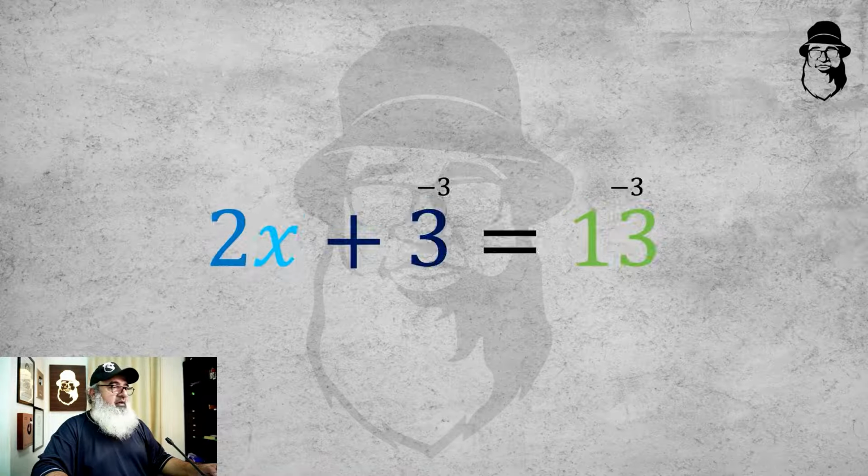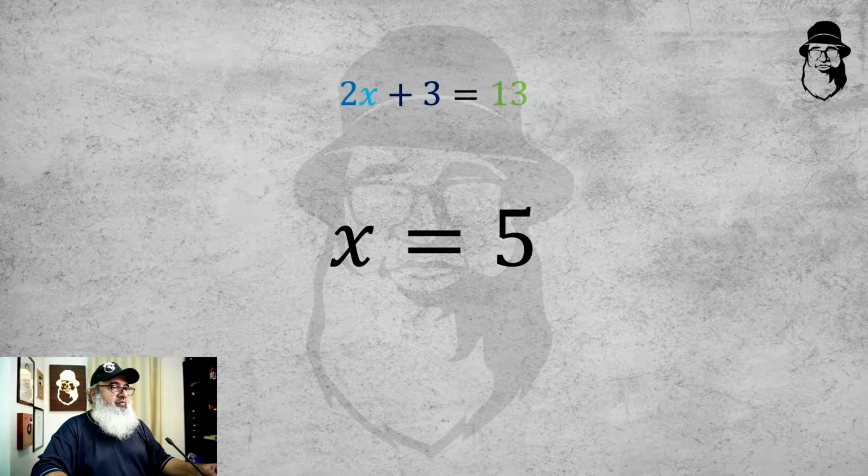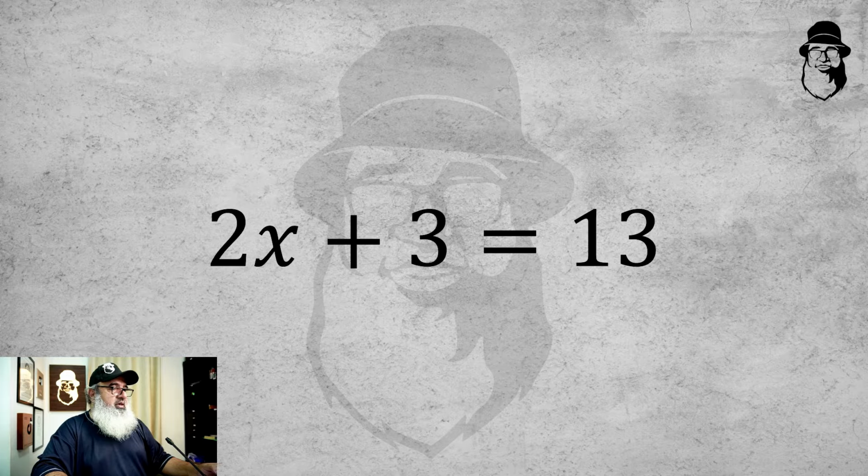This will give us 2x = 10. Then we can see that x = 5 and this is the answer. To check, 2 times 5 plus 3 is equal to 13. So it is correct.